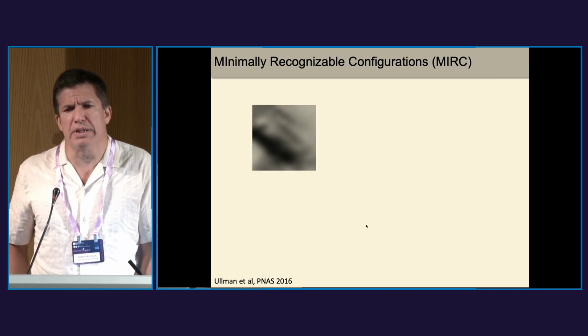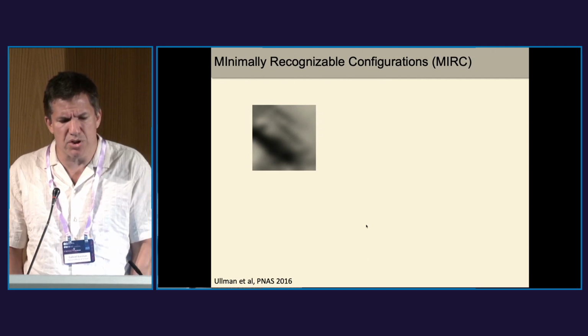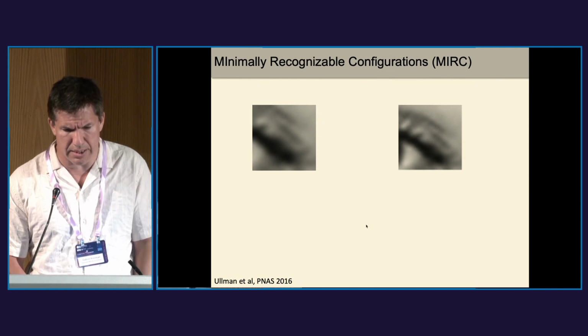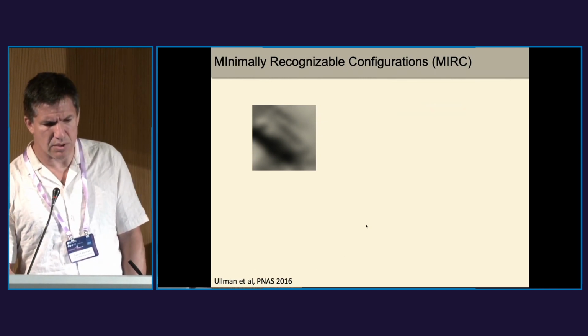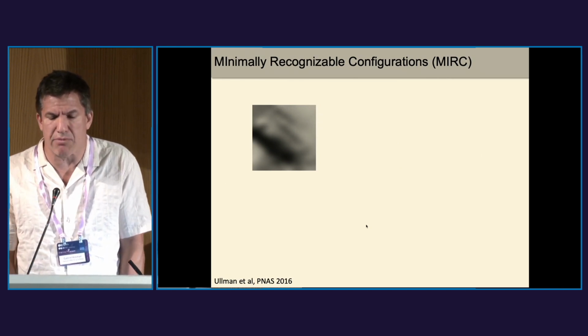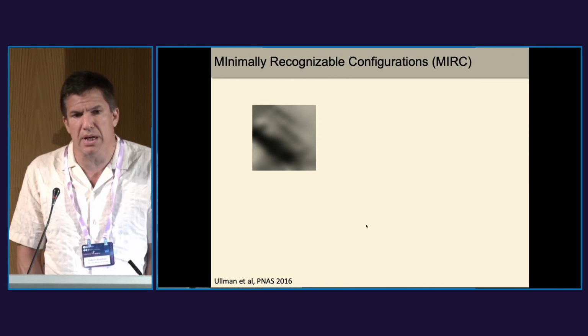So in the second experiment that I want to show today, we used a set of images that were introduced by Shimon Ullman and colleagues. They termed them minimally recognizable configurations, and they are extremely hard to recognize.